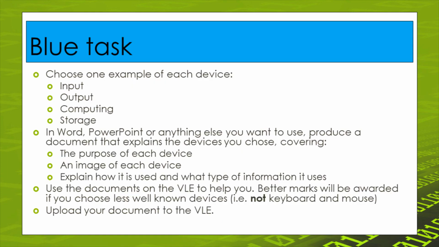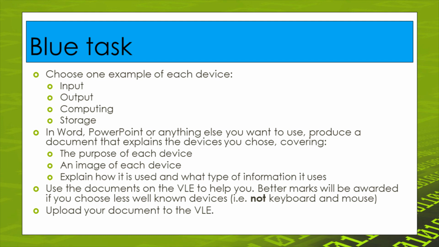Now the assessed task for this lesson is this. Choose one example of each type of device: an input device, an output device, a computing device and a storage device. In Word or PowerPoint or anything you want to use, produce a document that explains the 4 devices you chose.